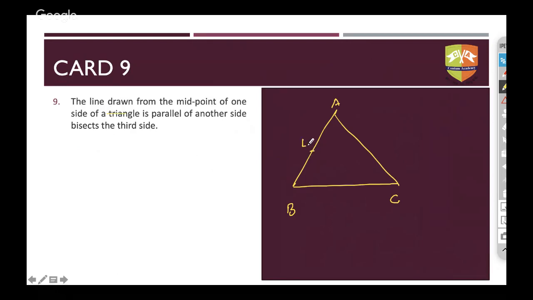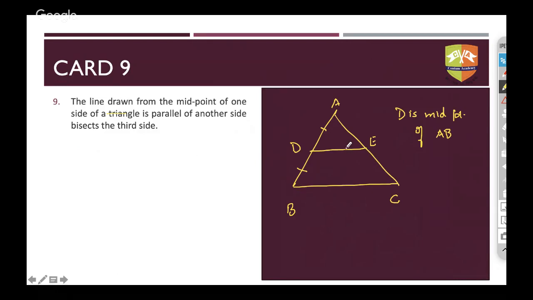Let us say this is point D, and it's given that D is the midpoint of AB. So what does it mean? AD is equal to DB. And then we are drawing a line parallel to BC.